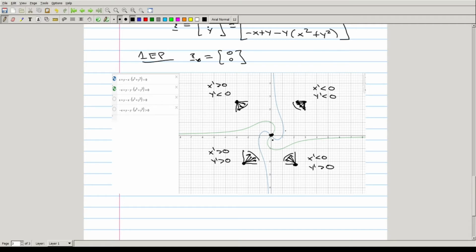Which means if we go right here, these are the directions that have to hold for the solution.